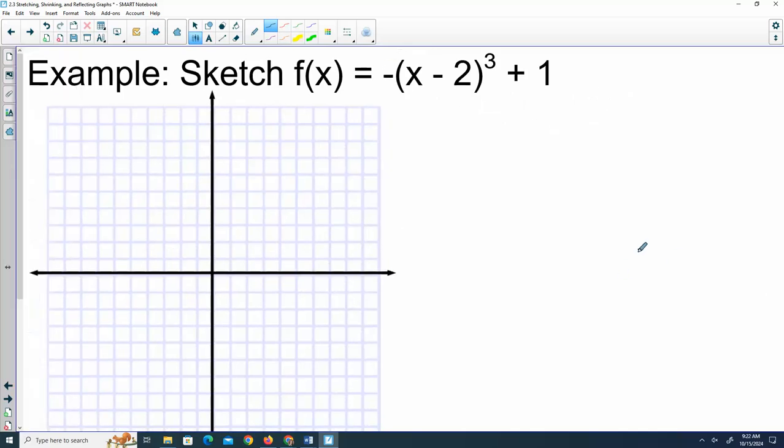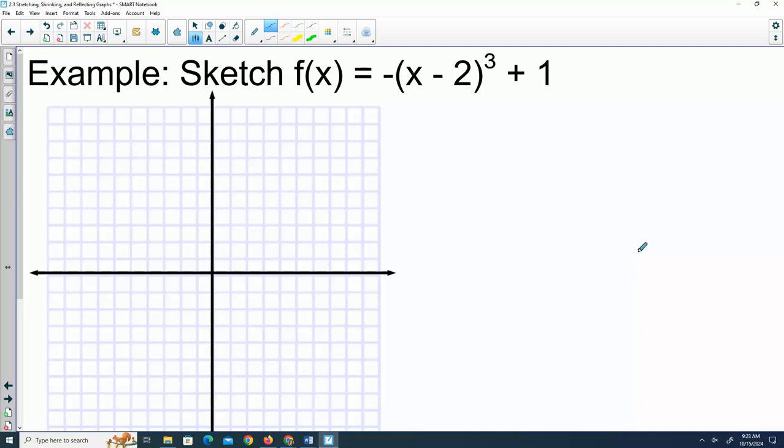Go to this. So my function, I have negative parenthesis x minus 2 cubed plus 1. All right. So there's a lot of different things going on here.